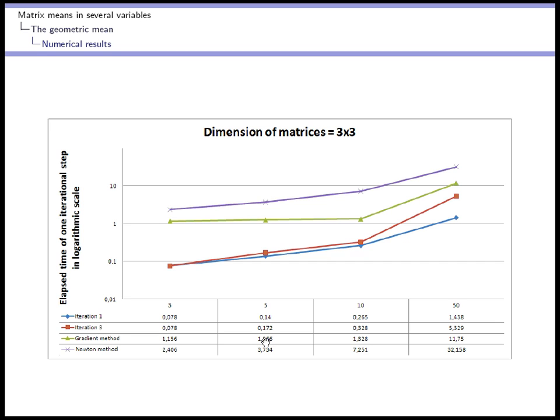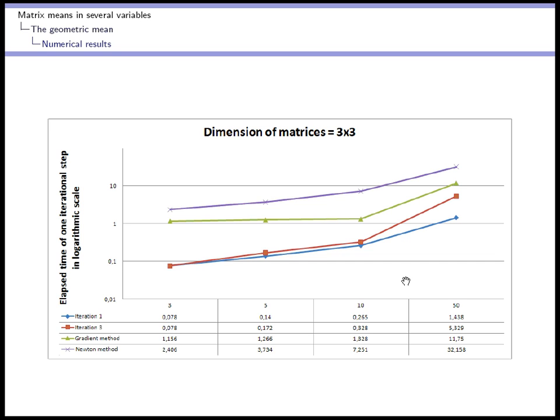And one thing I would like to say about that, here actually we can see how the number of matrices matters. So we have the elapsed time of one iteration step in logarithmic scale on this axis. And on the other axis, we have the number of matrices for which we do this iteration.